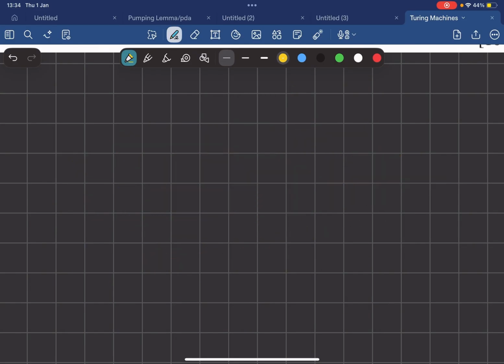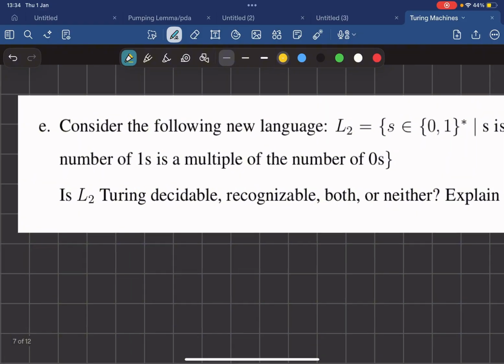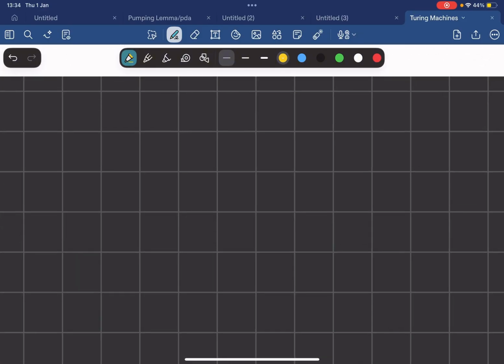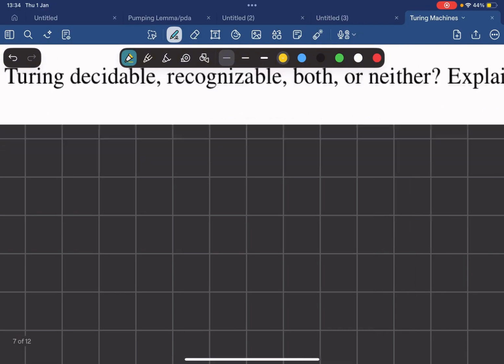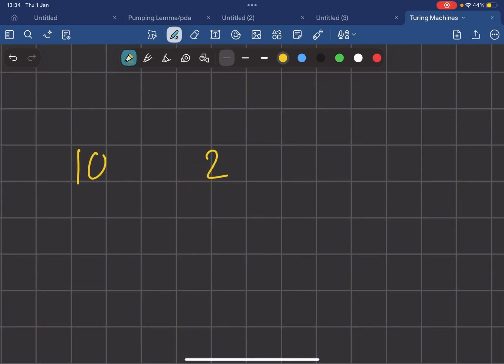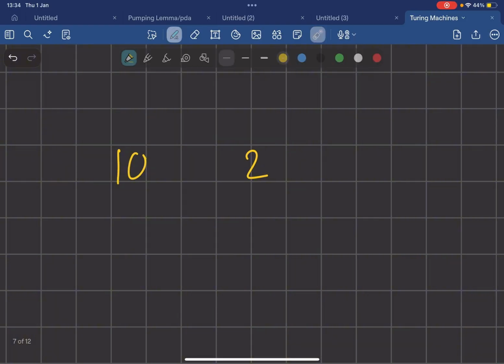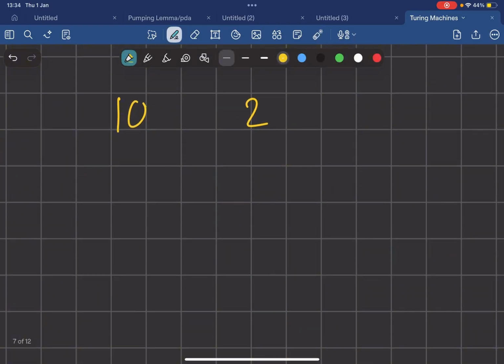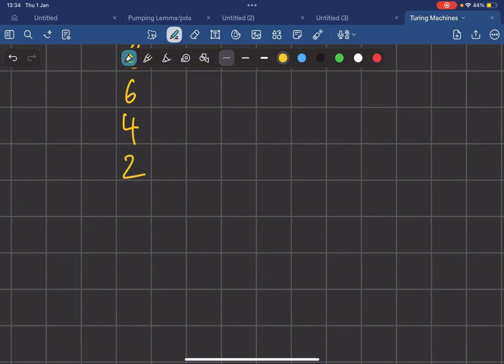One thing you can notice is that division is actually just repeated subtraction. So another way of checking is by repeatedly subtracting one number from the other and seeing if we ever reach 0. So 10 minus 2 is 8, 8 minus 2 is 6, 6 minus 2 is 4, 4 minus 2 is 2, and then 2 minus 2 is 0.